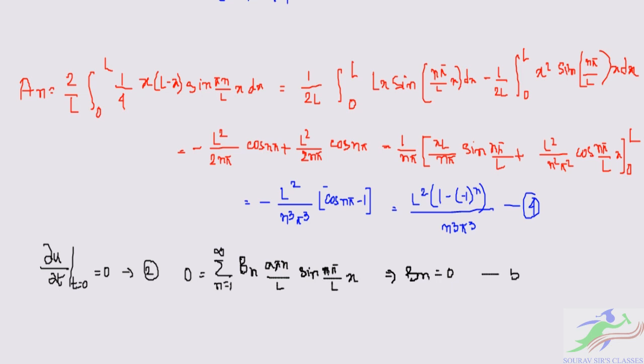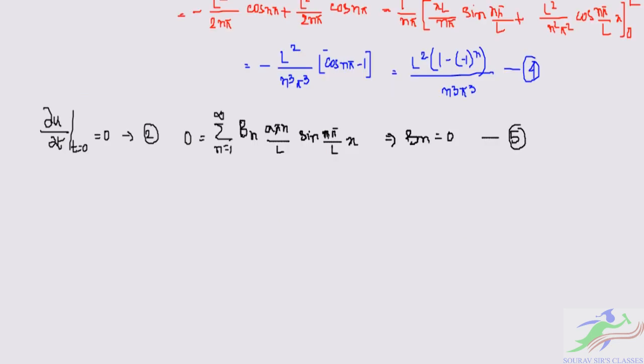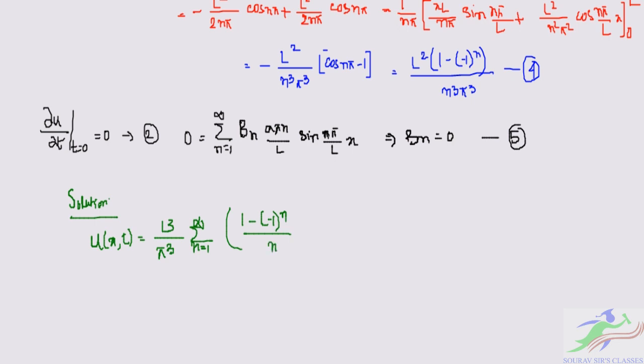that is equation number 5. Therefore the solution to equation 1 satisfying the boundary conditions will be u of x,t equal to l cube by pi cube, summation of n equal to 1 to infinity, 1 minus minus 1 to the power n by n cube, sine of n pi x by l and cos of alpha n pi t by l.